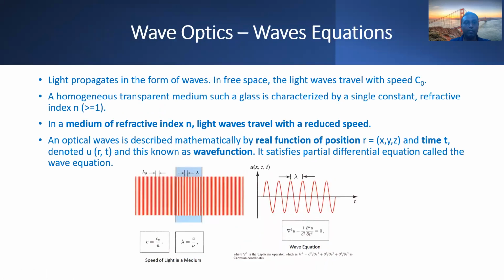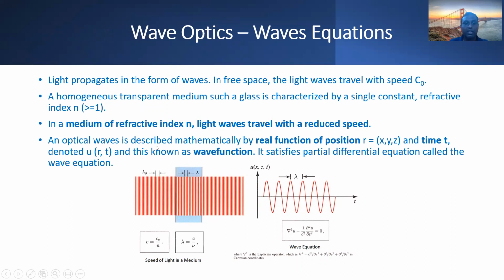Wave equation. Light propagates in the form of waves. In free space, the light wave travels with the speed of c0. A homogeneous transparent medium such as glass is characterized by a single constant refractive index n, which is greater than or equal to 1. In a medium of refractive index n, light waves travel with a reduced speed.